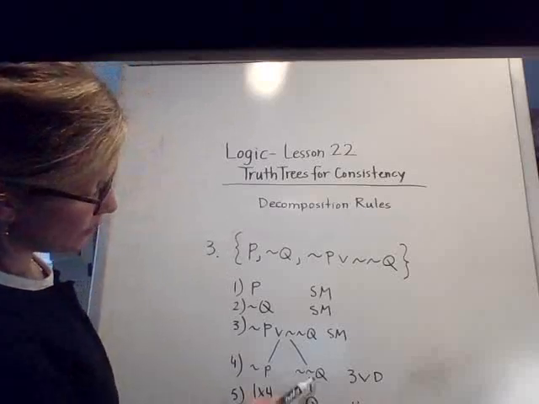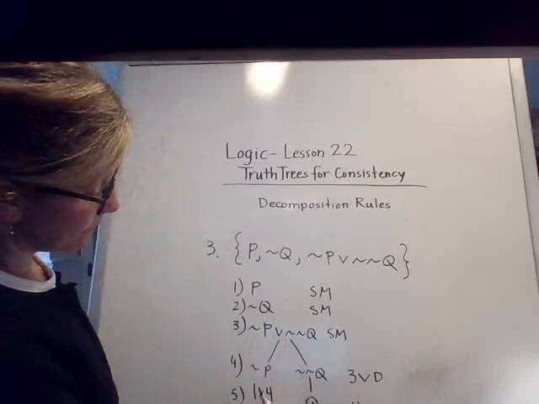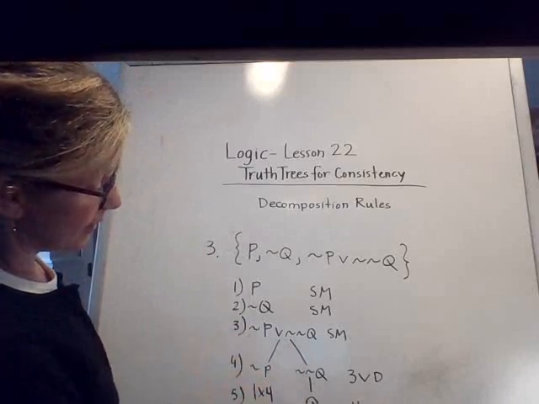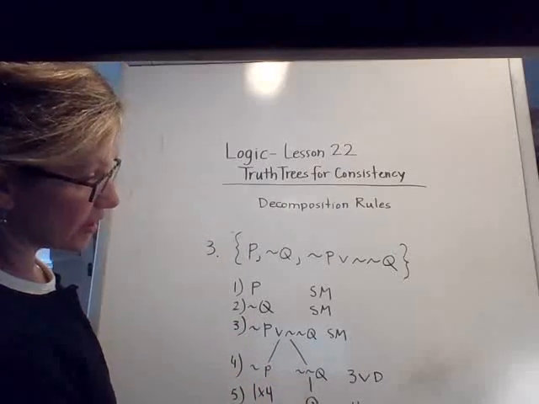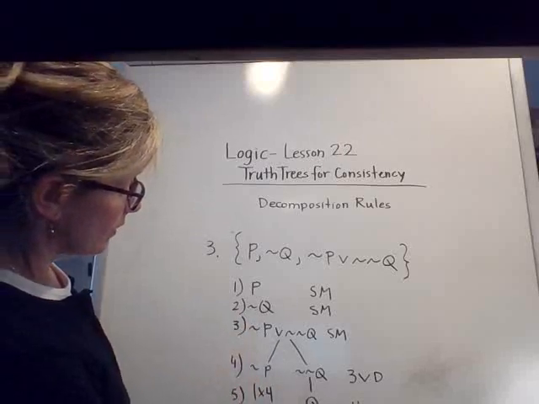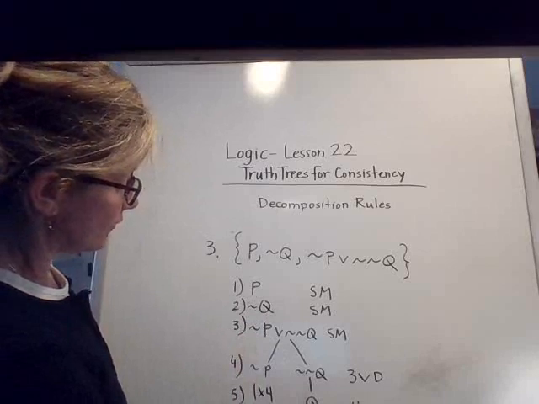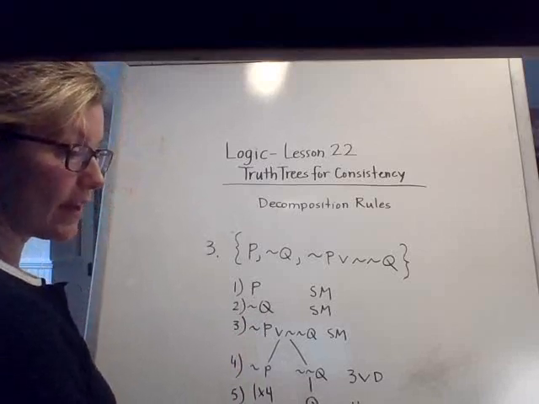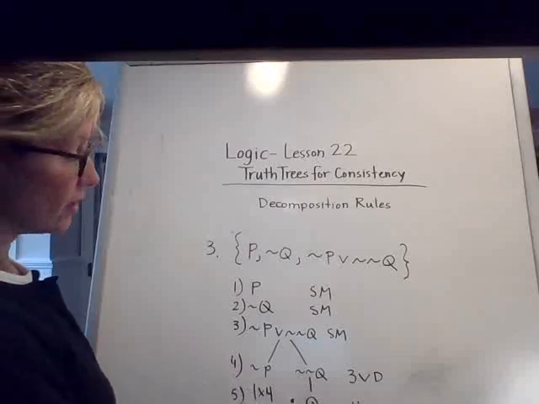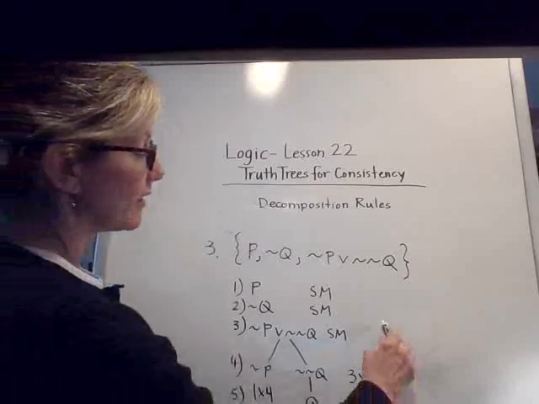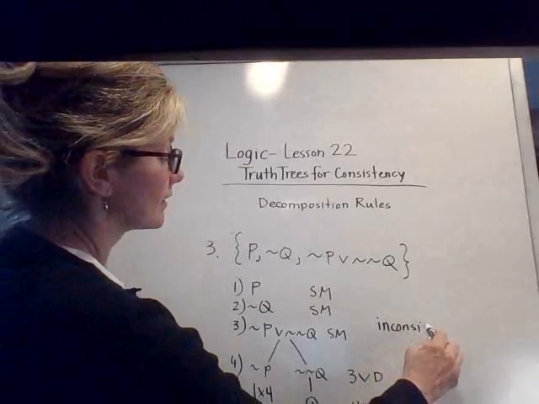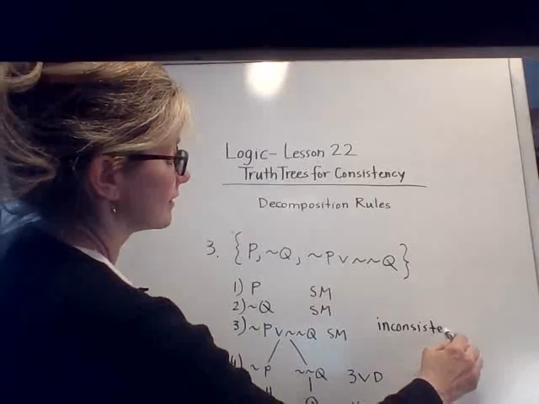All right, now let's look at this branch here. Do you see any contradictions? Oh, we have not Q and Q, so that is a contradiction. So line 2 contradicts 5. Okay, so there are no open branches here. So we say that this set is inconsistent.